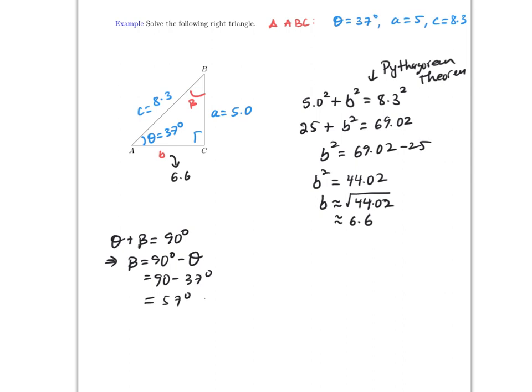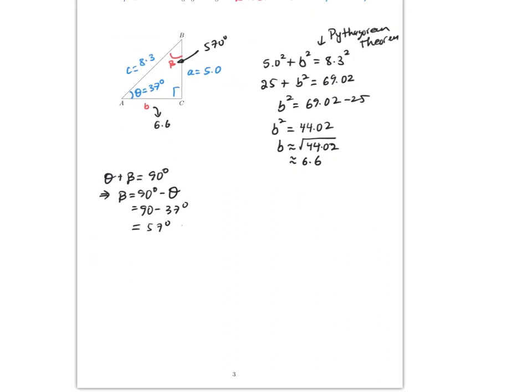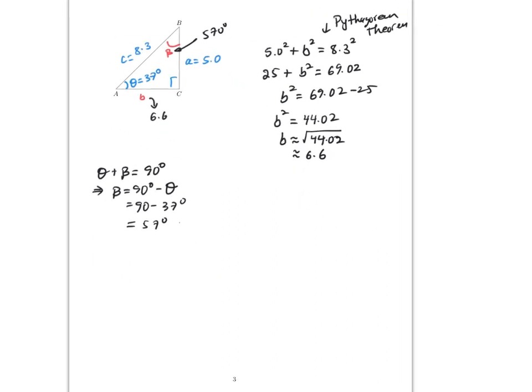And there you go, that solves the whole right triangle. Now notice, and this is going to be important later because we're going to do this multiple times, note the following.